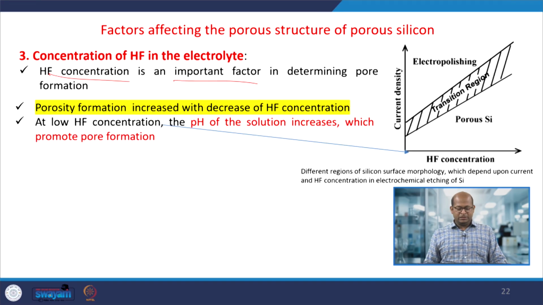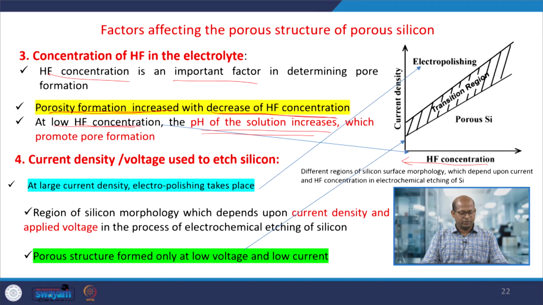In the electrochemical cell we can either increase or decrease the concentration, and depending upon that, pore formation either increases or decreases. At low HF concentrations, the pH of the solution will increase, which helps to promote the pore formation. Okay.